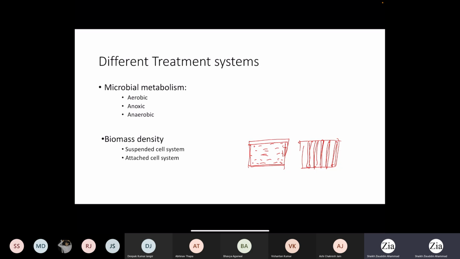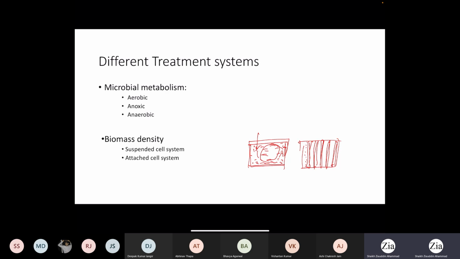Another major advantage of the attached cell system is that it is more resilient towards toxic compounds. In a suspended system, if you add a small amount of toxic compound, it will get distributed evenly because you are maintaining good homogeneity. Whereas in the attached cell system, the toxic compound will first come in contact with the outer layer, and then it will try to percolate through by diffusion, and then try to contaminate the inner layer.